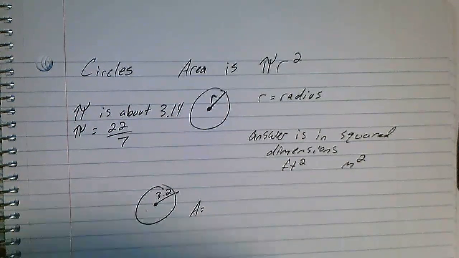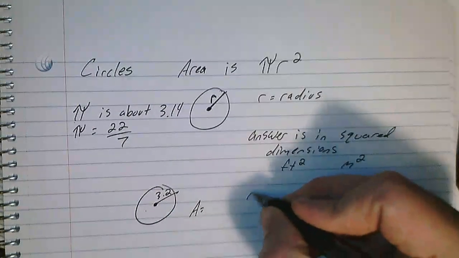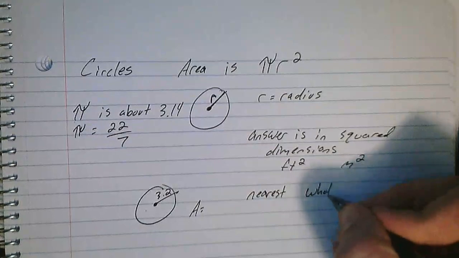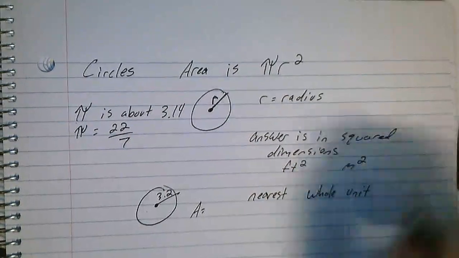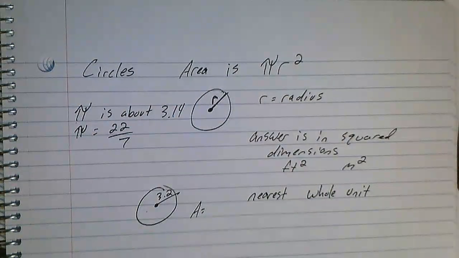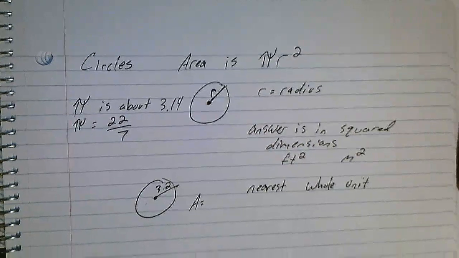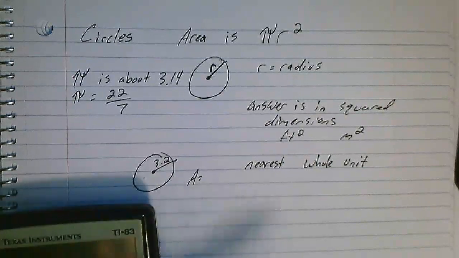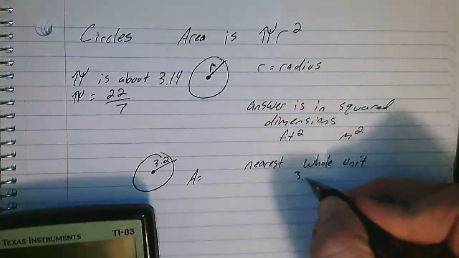Oh, and it says round to the nearest whole unit in this particular problem, so that means whole number. Look at each question for what decimal it wants you to round to. So we're going to use 3.14 for pi.